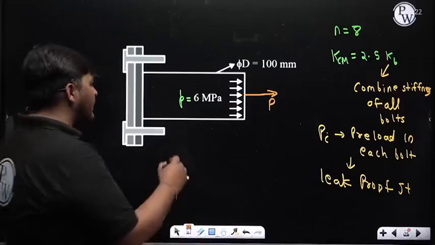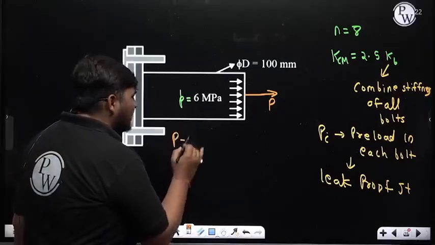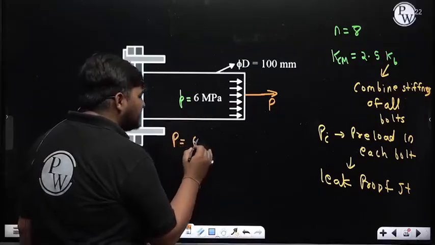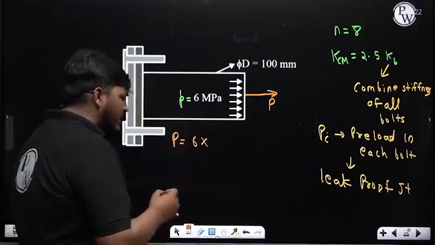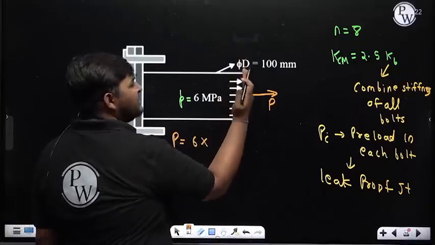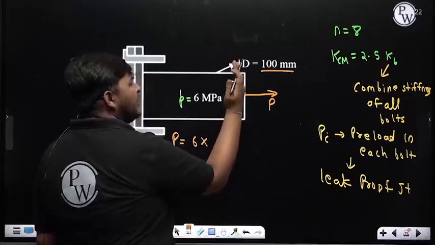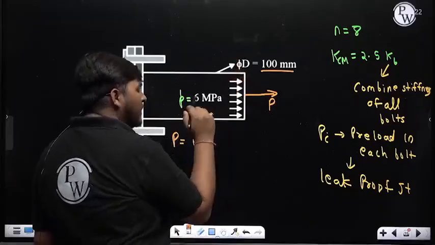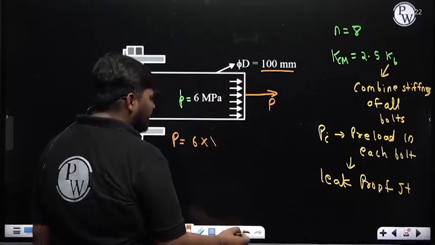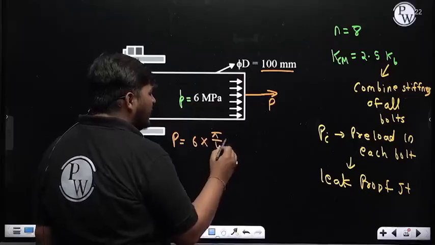And how we can calculate value of P? It is coming due to this pressure. This pressure is 6 megapascal or Newton per mm square, and this pressure is coming in this plane, and diameter of this plane is 100 mm. So area of this plane will be pi by 4 into 100 square. So 6 Newton per mm square into pi by 4 into 100 square.